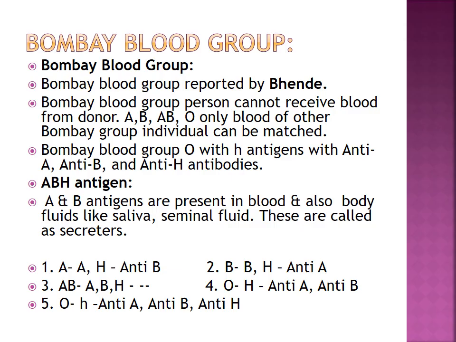In OH, that is Bombay blood group, anti-A, anti-B and anti-H antibodies are seen because H antigen is not there. So when O group is given to a patient who is Bombay blood group, this anti-H antibody will react with the H antigen present in the patient and there will be lysis of the blood. So the Bombay blood group patient should get a Bombay blood group donor.